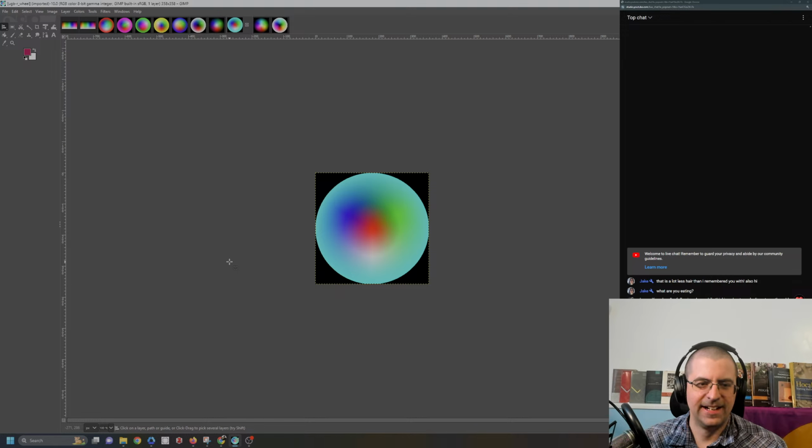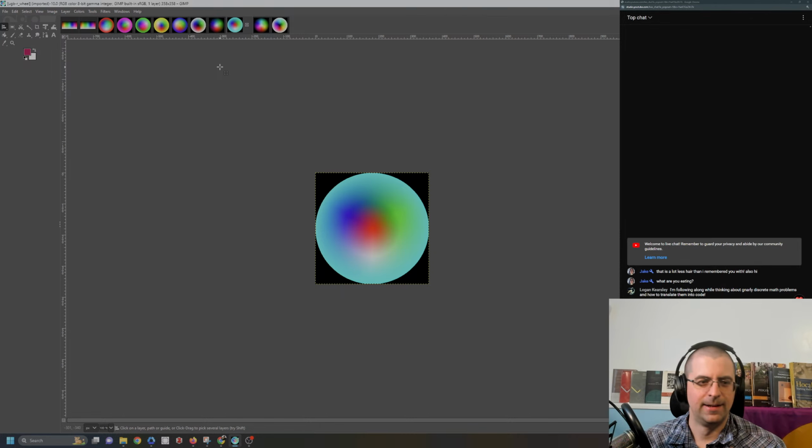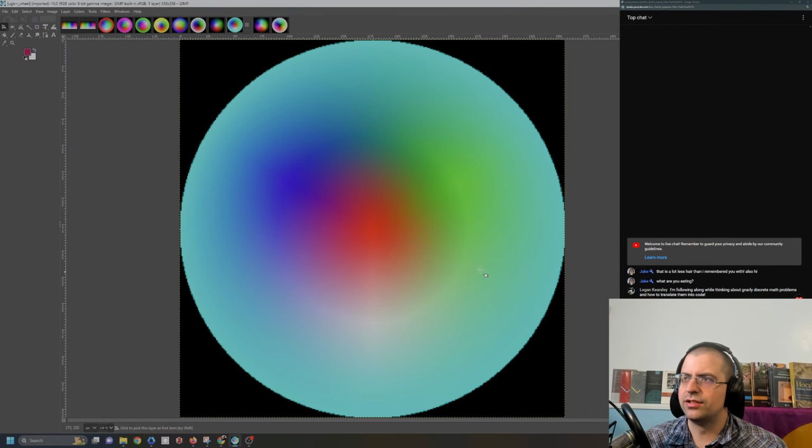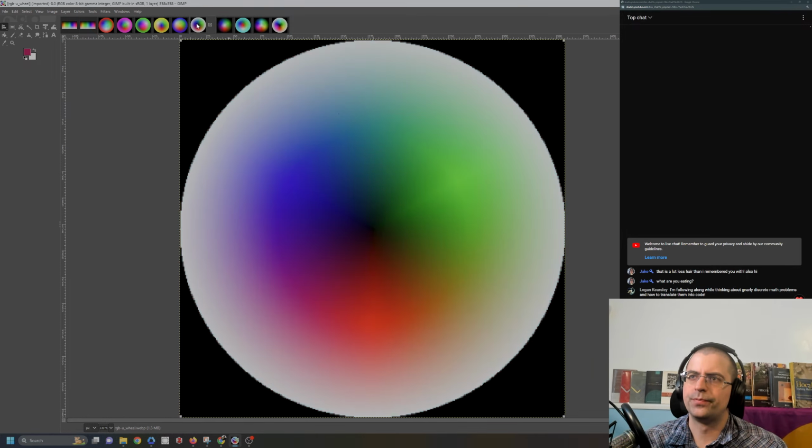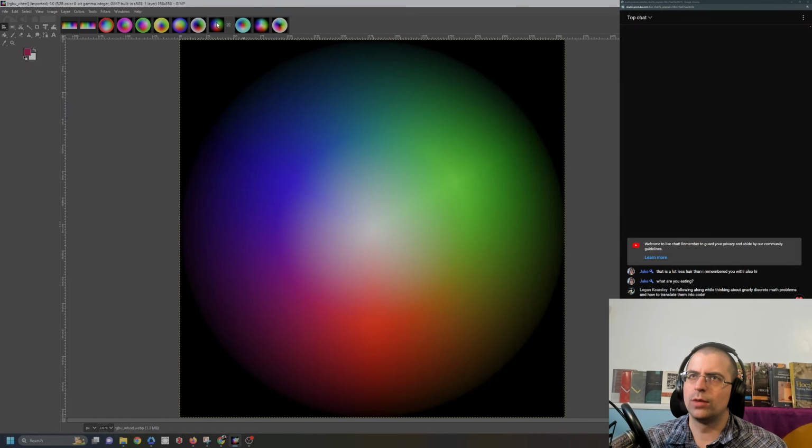He also has versions that are centered on different colors, just to show this is actually a polar projection of a sphere.